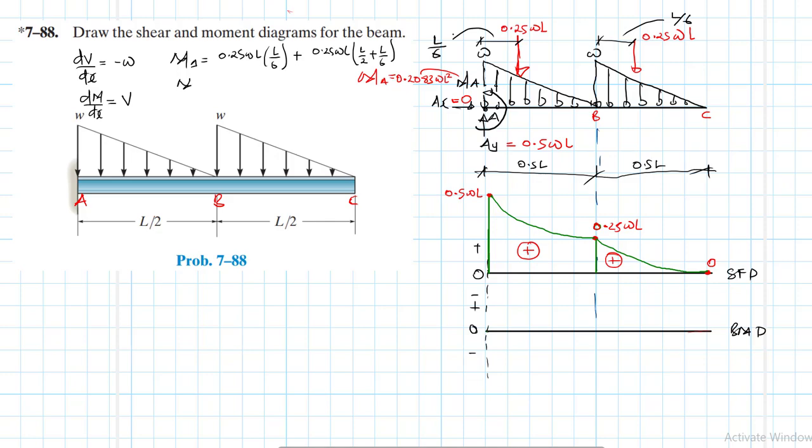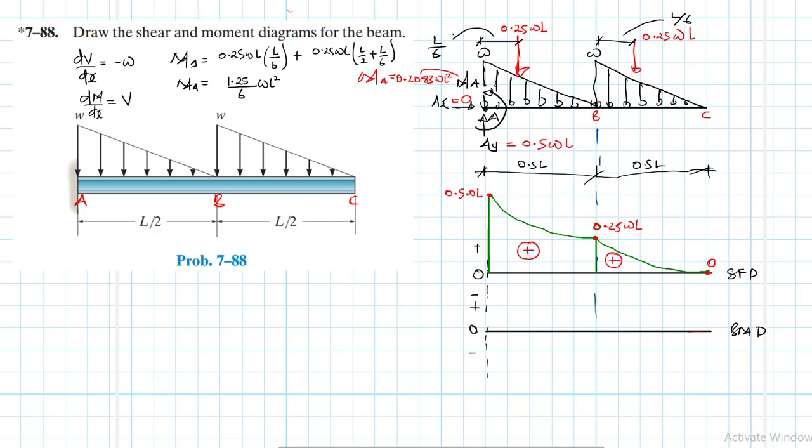If we work this out, we'll find that our MA can also be written as 1.25 divided by 6 W L squared, which is also equal to 0.20833333, and it keeps on repeating itself, right? So that is how I want it, since I'm going to use it in my calculation.